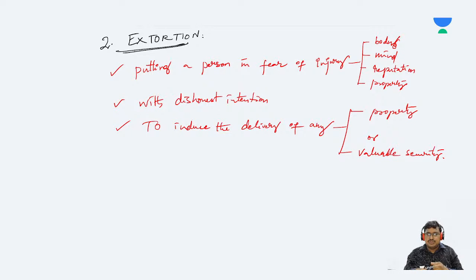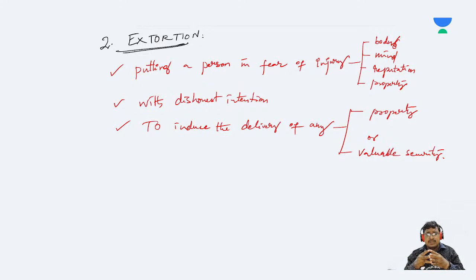That means the accused puts another person in fear of hurt, grievous hurt, acid attack, or hurt with deadly weapons, or any other bodily injuries, friends. Or the accused puts another person in fear of injury to the mind: criminal force, or assault, the fear of assault, etc. These are the injuries related to the mind.